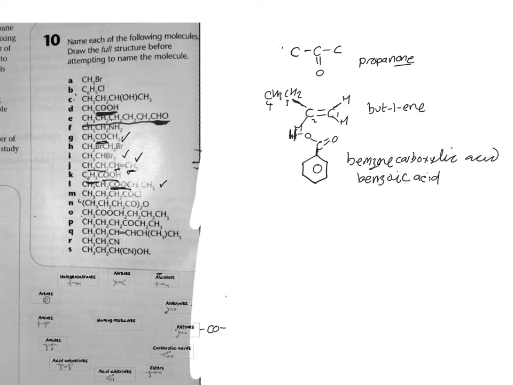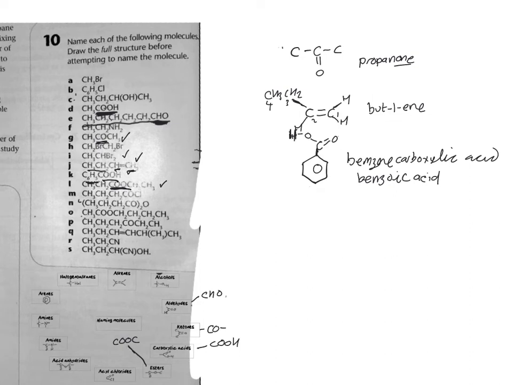You can see it's got a COOC, and a COOC is an ester. I call them kooks. So aldehydes were CHOs, ketones were COs, carboxylic acids are COOs, esters kook.